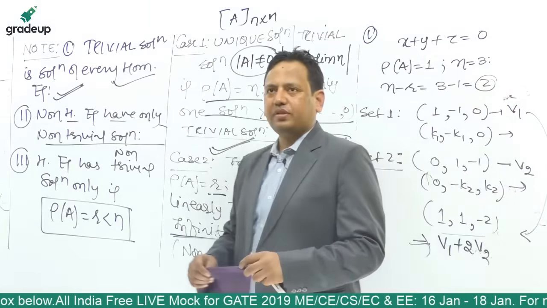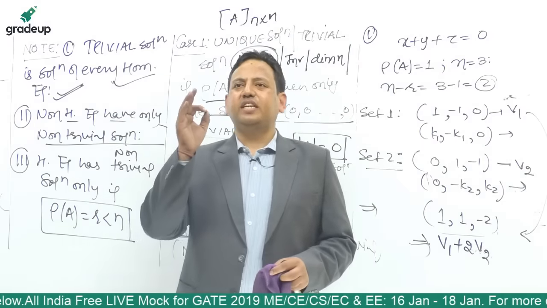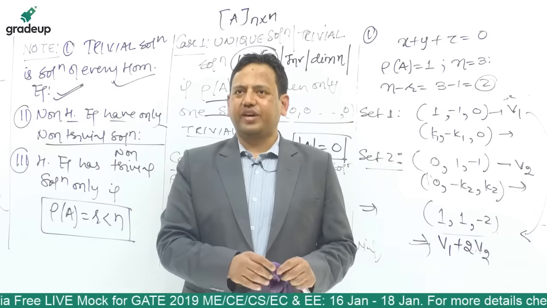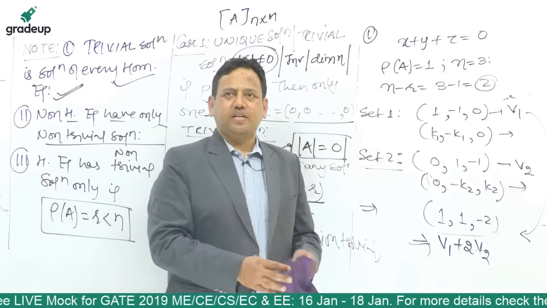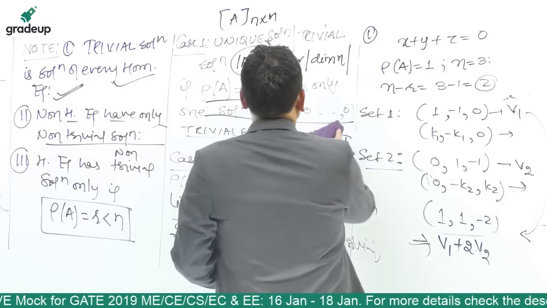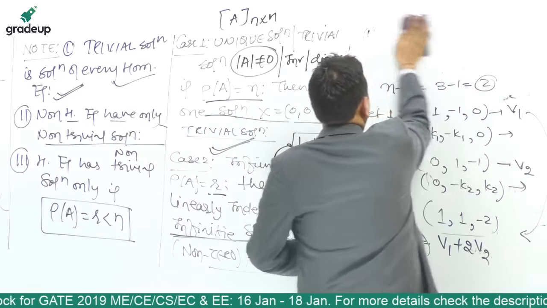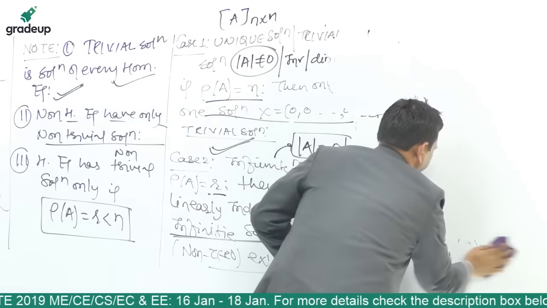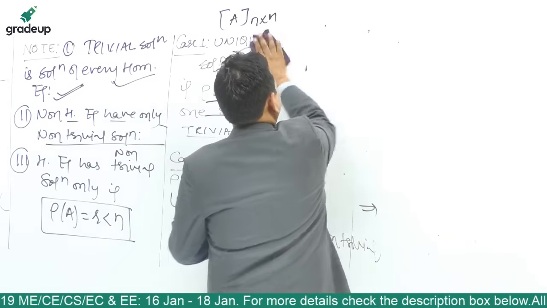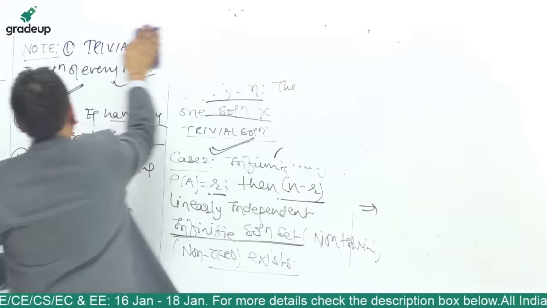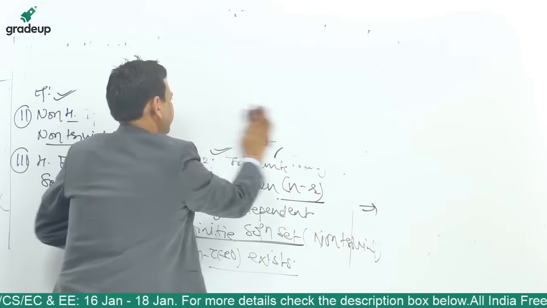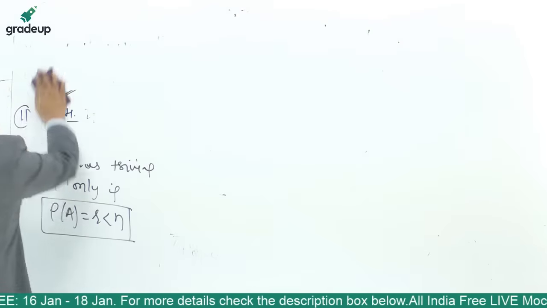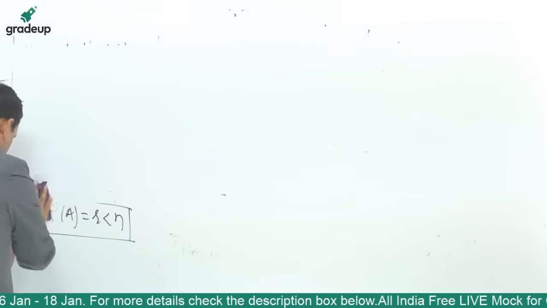Okay, trivial means 0, non-trivial means non-zero. So if somebody writes trivial, it means only 0, 0, 0, so x, y, z, all the variables are 0. Non-trivial means at least one of the values is non-zero, or not a null vector. So this is all about today's concept, and let's start with the questions.